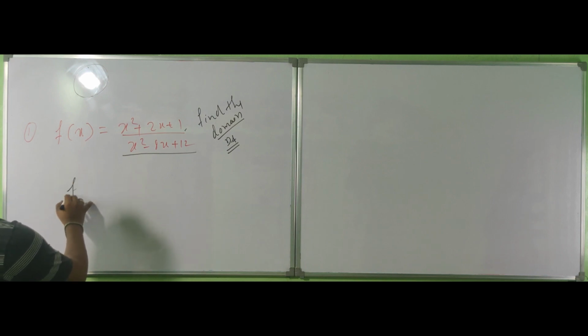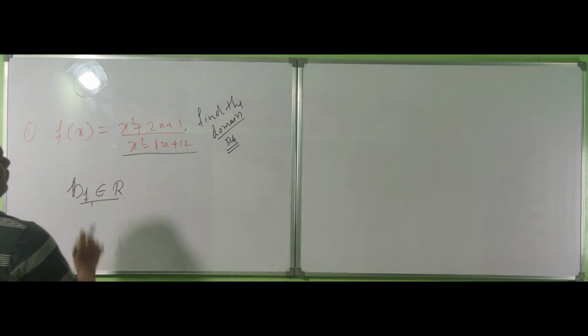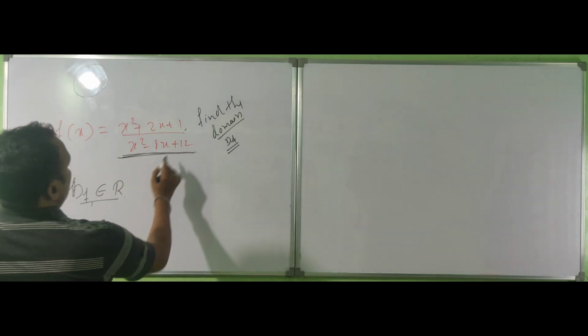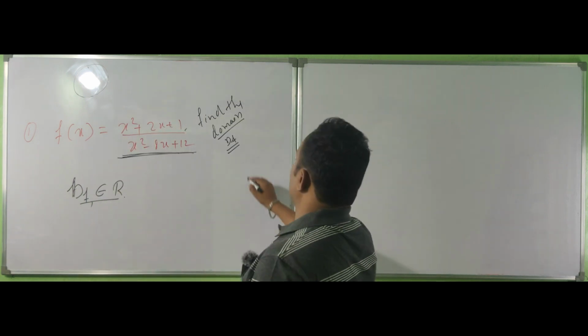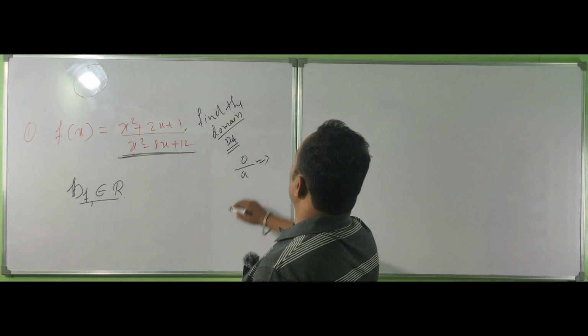D of f belongs to the real numbers. In concept, 0 by anything is defined. How?